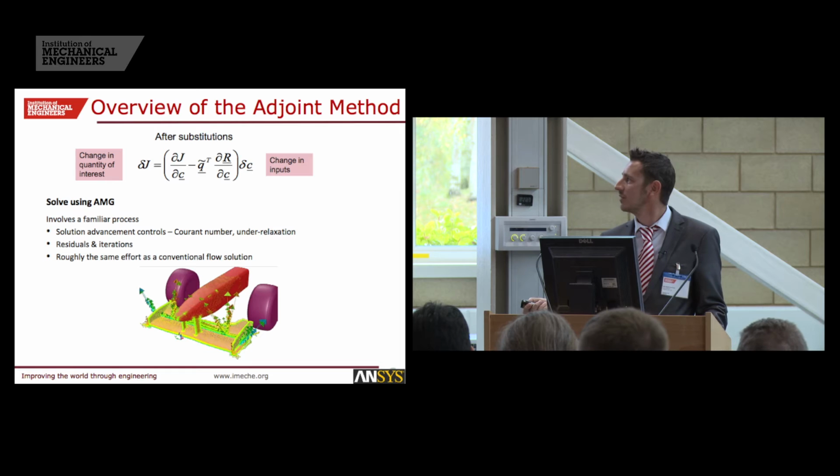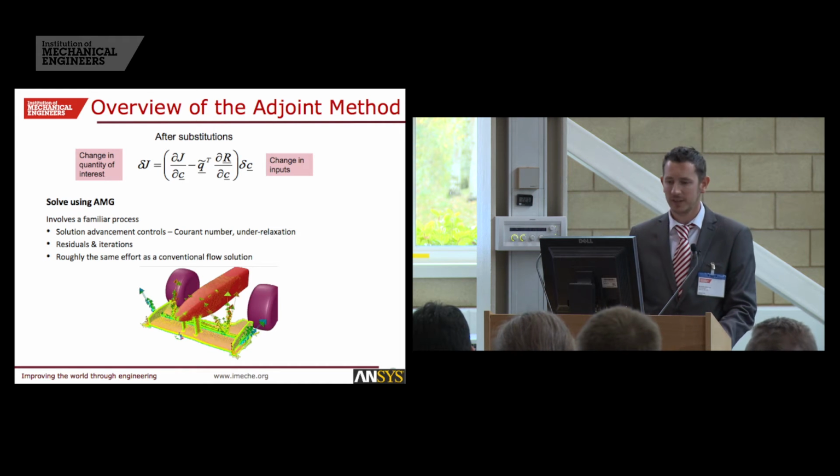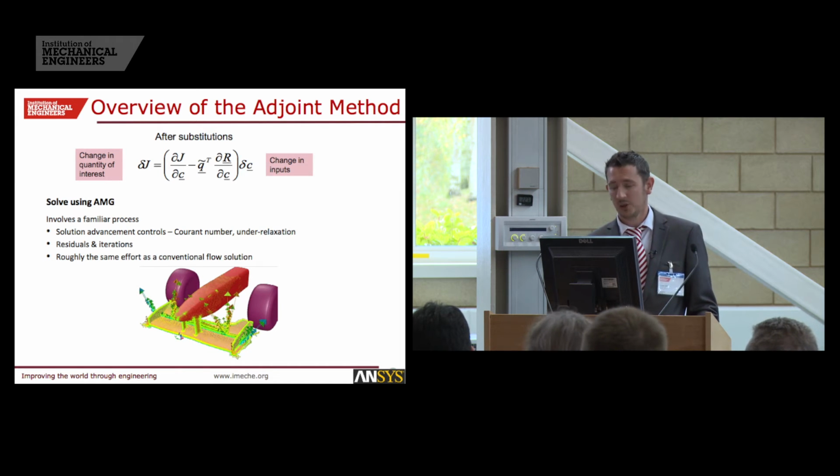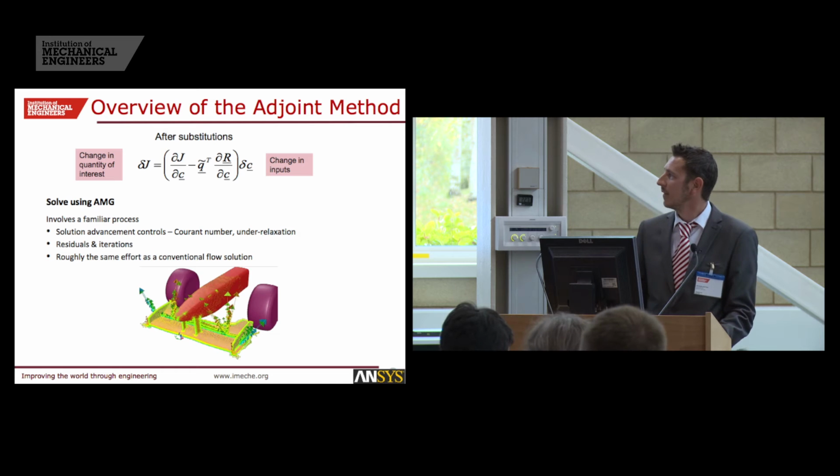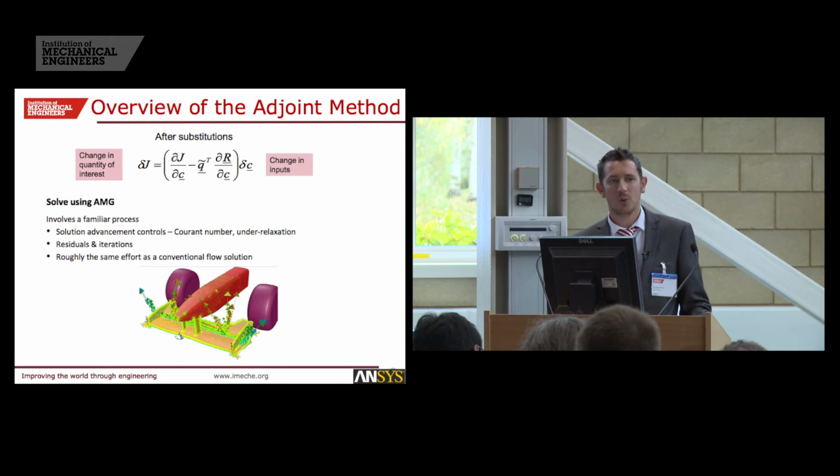We have similar access to things like Courant numbers and under-relaxation factors as you would normally do with a flow solver. We have an iterative process, and we have residuals to be able to monitor during the solving process. And the current implementation requires roughly the same effort in terms of the resources required to run it as a standard conventional flow simulation.